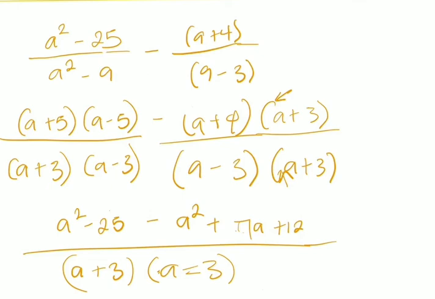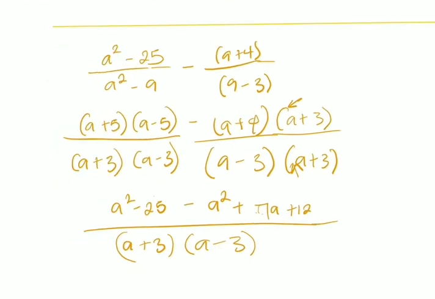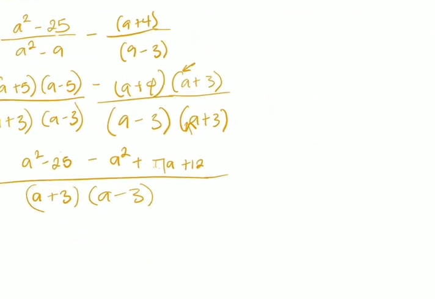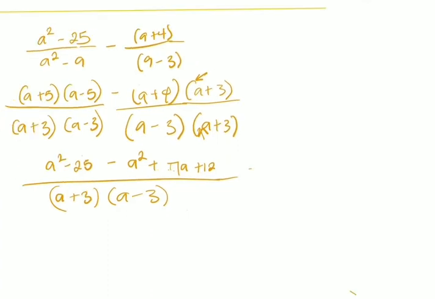So here we have a squared, but now we're subtracting, so it's going to be a squared subtract a squared, which is going to cancel out. That is going to cancel out, so we're not going to do anything. So we're going to be left with 7a, because it's nothing.